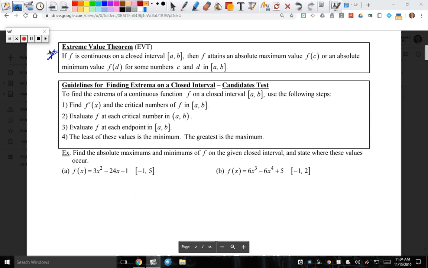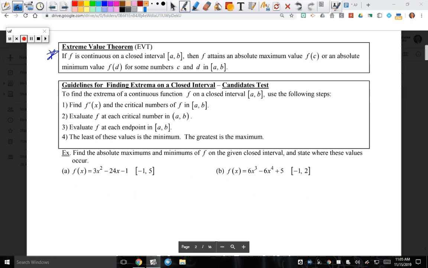Mean value, extreme value, and then candidates test. And then critical points, but I mean, you know that now. 4 things. And yes, I got to catch up with my calendar. I will put that up on Google Classroom over the weekend as well.